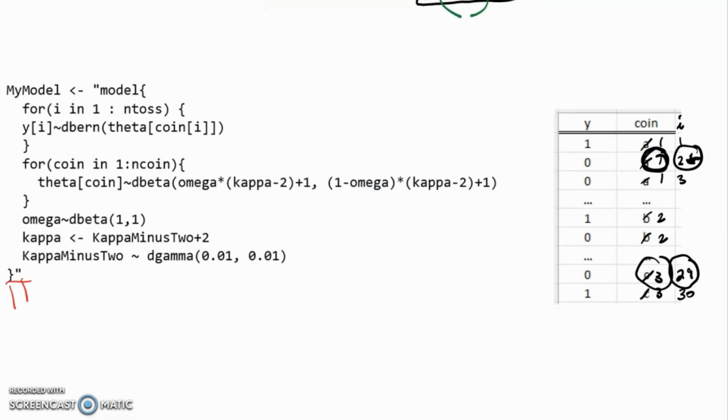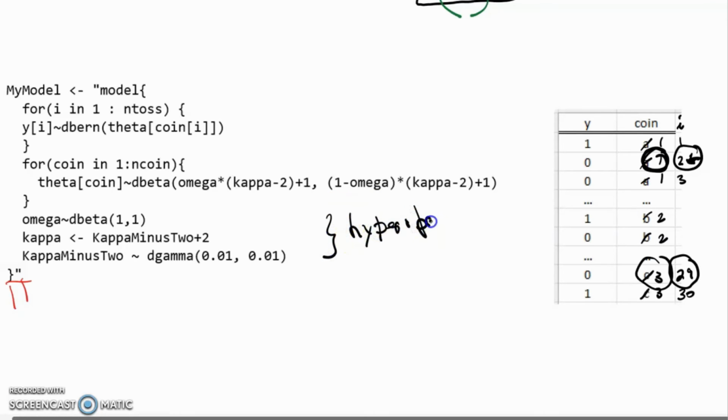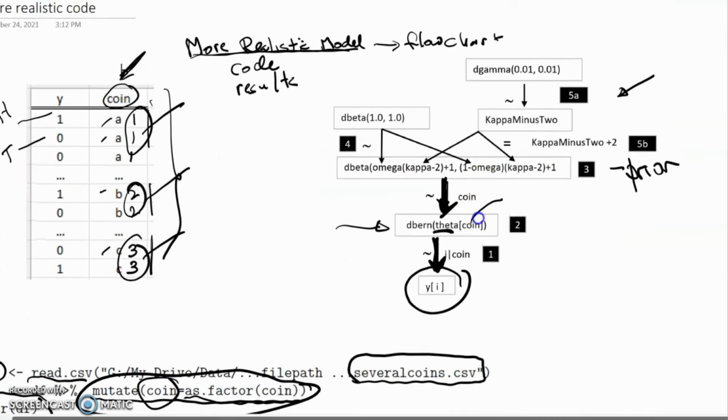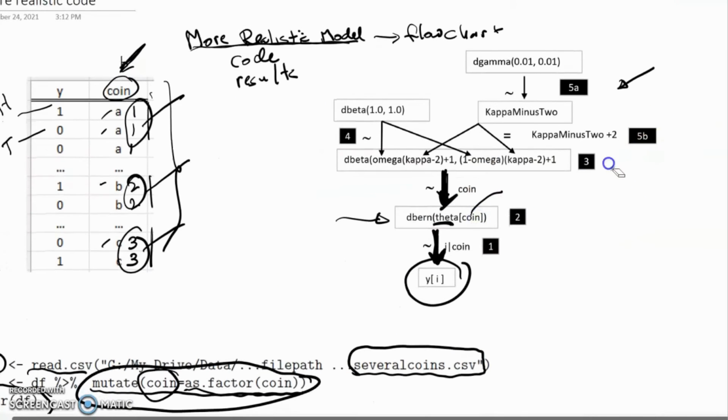And finally, what we have in these last three lines are our hyperpriors. Those are our hyperpriors, and we've got three different equations, two distributions, and an equal sign. And if we come back here to our flow chart, there they are.